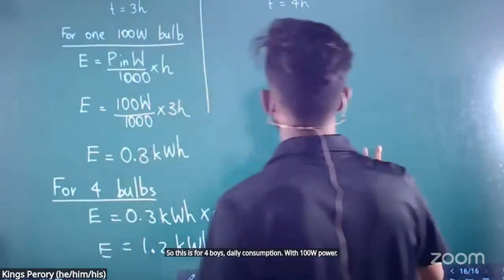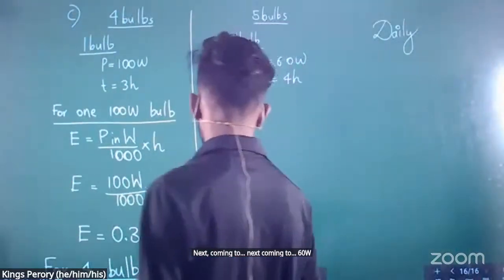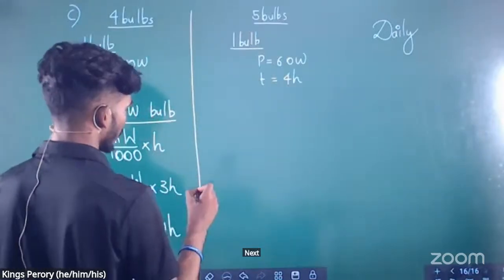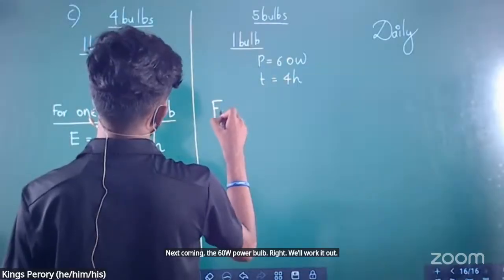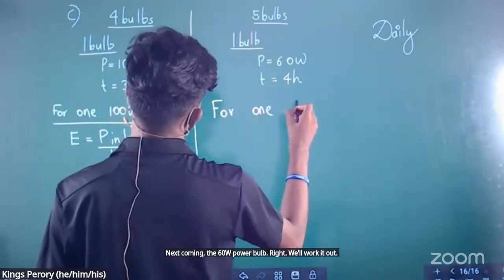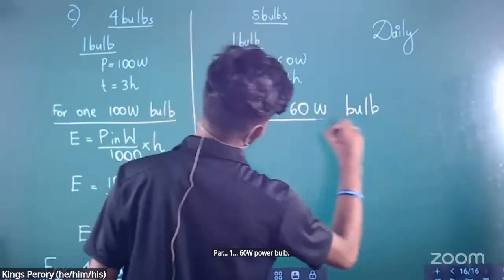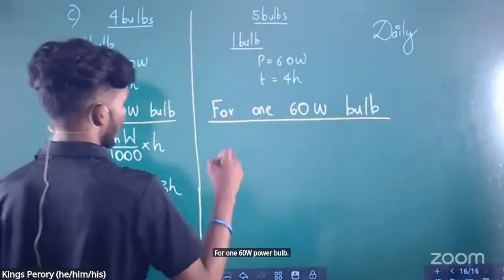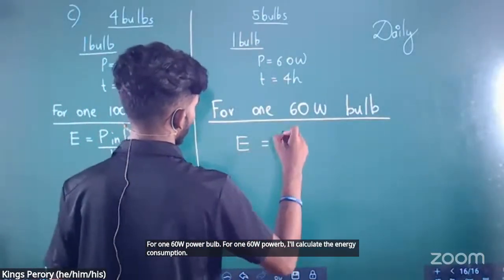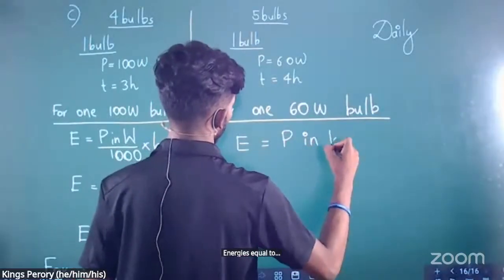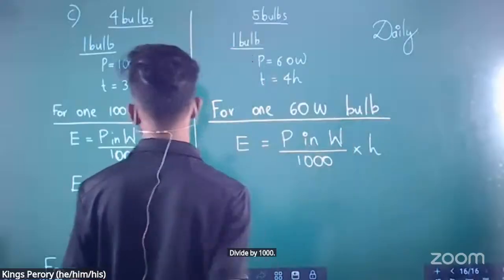Next coming to the 60 watt power bulb. We'll work it out. For one 60 watt power bulb, I'll calculate the energy consumption. Energy is equal to power in watt divided by 1000 multiplied by number of hours.